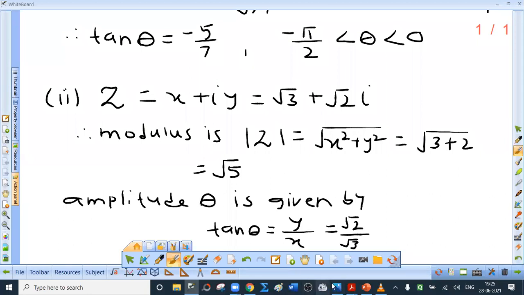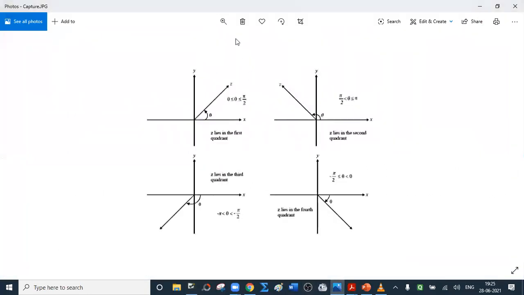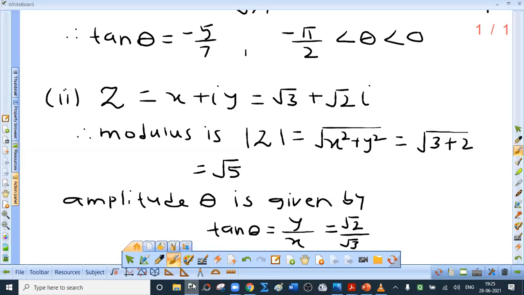I can show you this diagram. Just a minute. See, the point is in which quadrant? Root 3, root 2 representing the complex number is in this quadrant. So it is better if I say 0 less than theta less than 90 degrees, that is pi by 2. So this is about the amplitude of complex numbers, which is also called the argument.